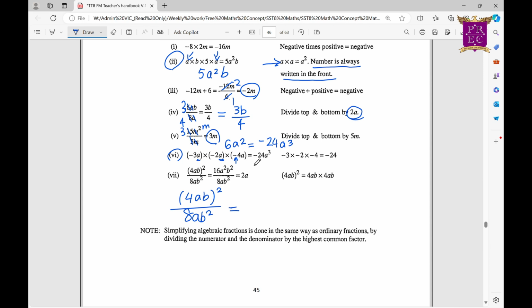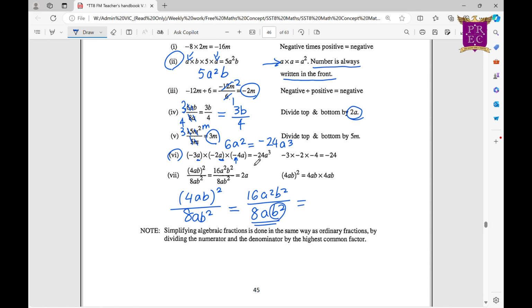So 4 squared gives us 16, a squared gives us a squared, and b squared gives us b squared, over 8ab squared. Now keep in mind that this does not mean it's 8a squared b squared, it's just b squared.